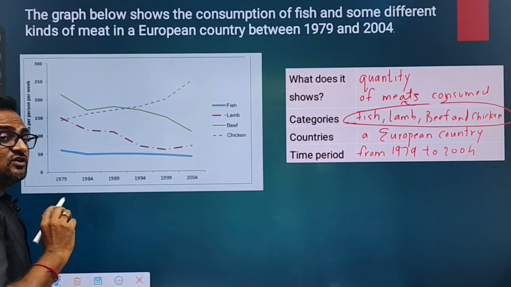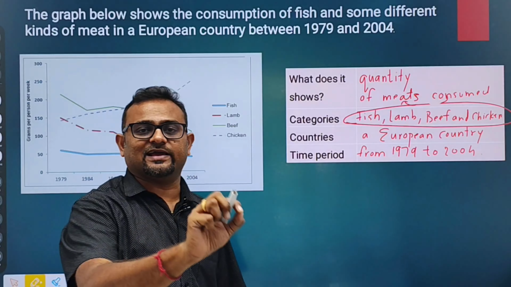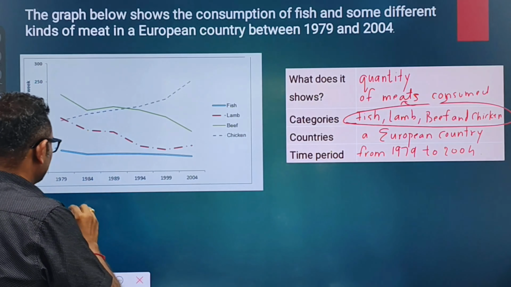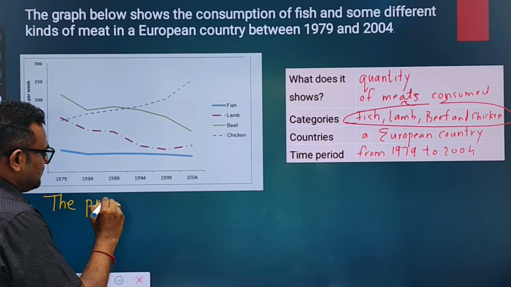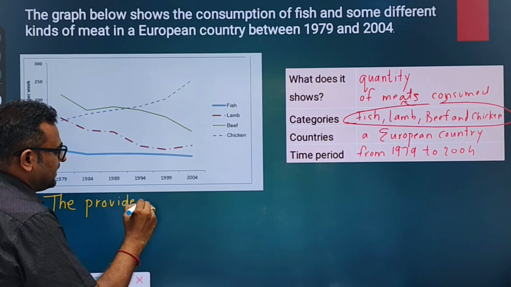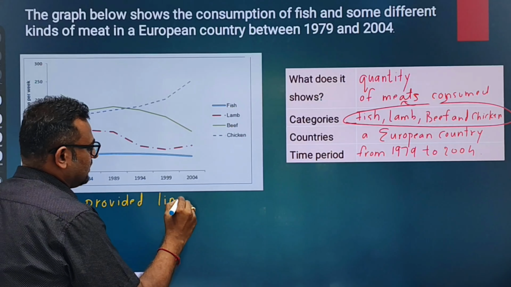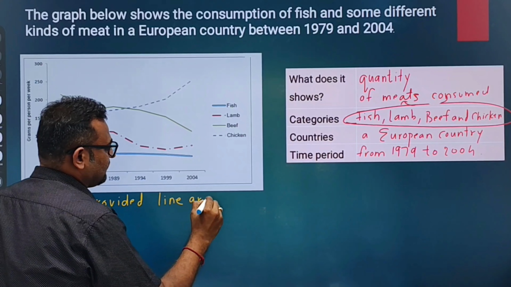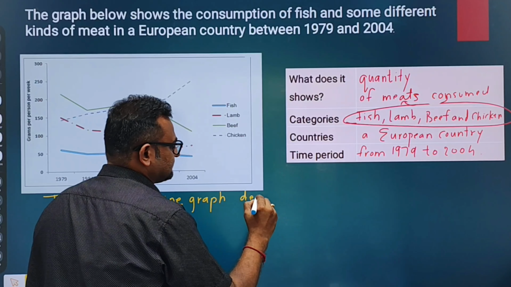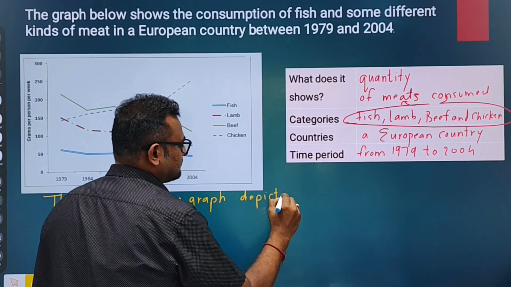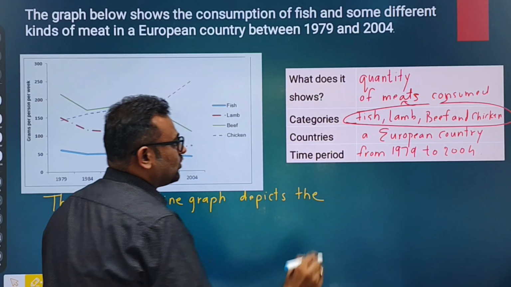Okay, so what is our format? The provided line graph depicts the, the provided line graph, एक line graph चाहिए and it depicts. Now, what does it show?